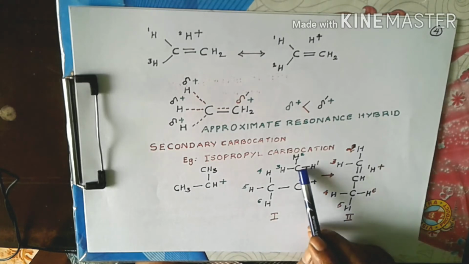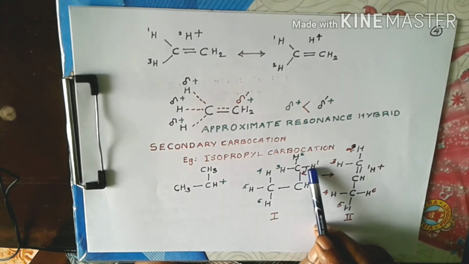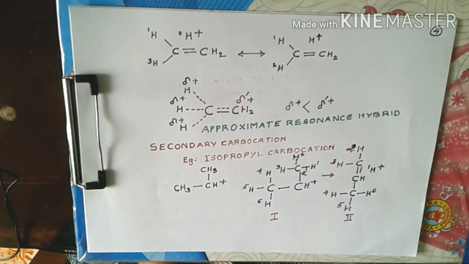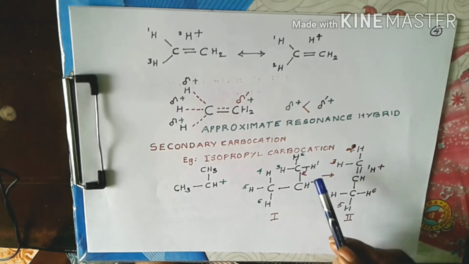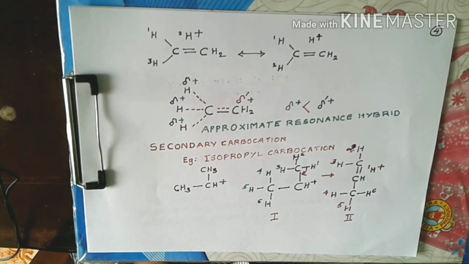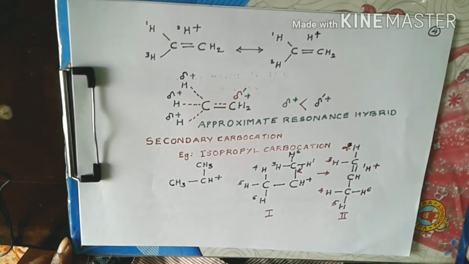So this bonded pair of electrons is localized in the structure. When it moves to this position, we say the bonded pair is delocalized. So delocalization is a term used in resonance.